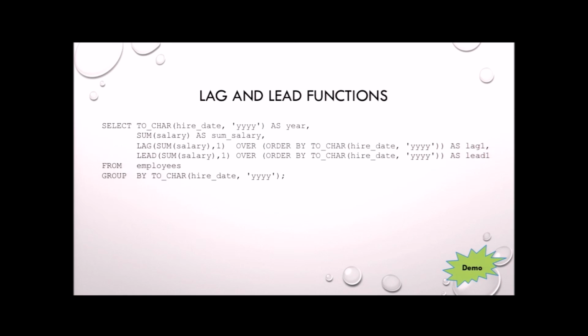Yes, sir? When you say previous year and next year, it would probably be more correct to say previous row and next row. That's correct. If there are missing years, there may not be a previous year, and in this data set that's exactly what you get.